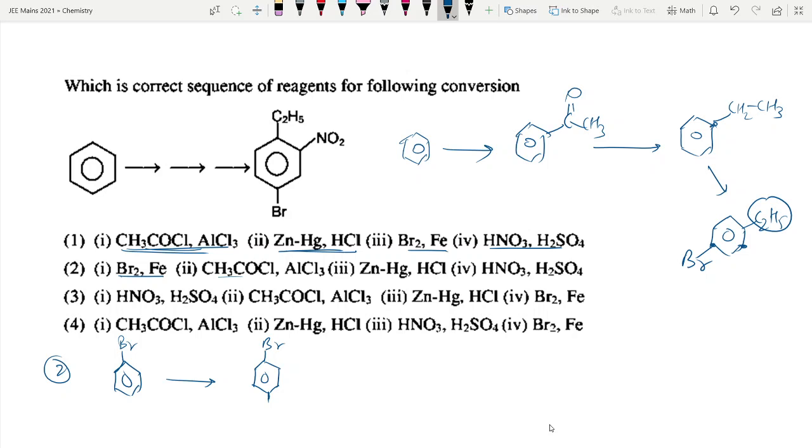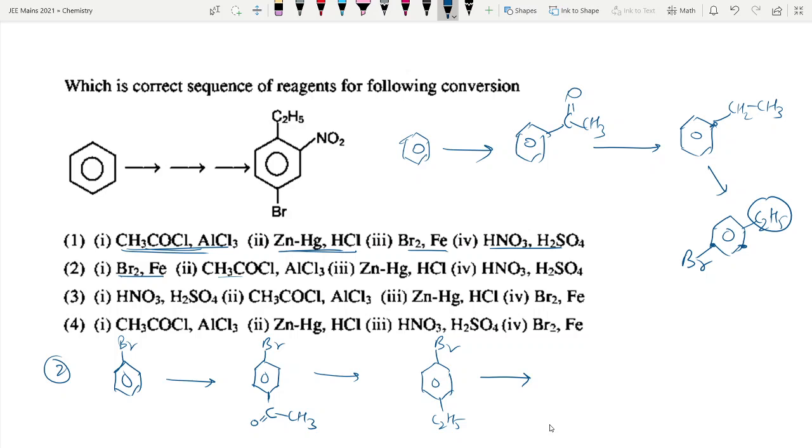Remember, this is very interesting that halogens are ortho para directing but slightly deactivating. And CO, this is also going good. And then Clemmensen reduction, C2H5, and then finally nitration.